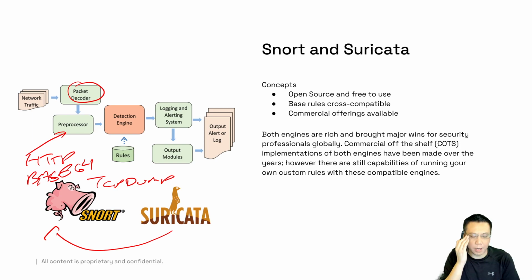Once it preprocesses that data, it goes to the detection engine, which has rules. And then, of course, you have your actions and alerting based on that. Both engines are commercially available when integrated with different products, or by themselves they can be downloaded, and you can have open source rules at any point.